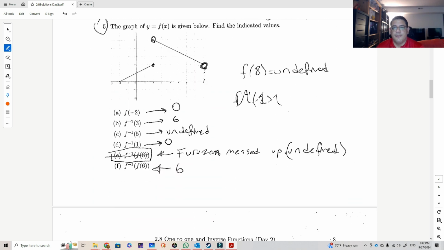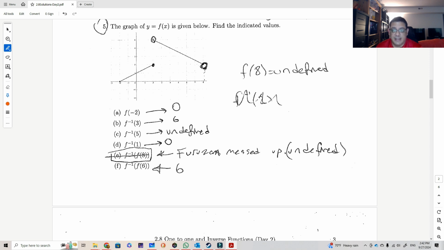Now for question number 5, we have this graph over here, and this is the graph of y equals f of x. So this is a one-to-one function, even if it's a broken set of lines. So we can define an inverse here, except for certain points, maybe these ones. For example, f of minus 2, we can clearly see is 0 from here.